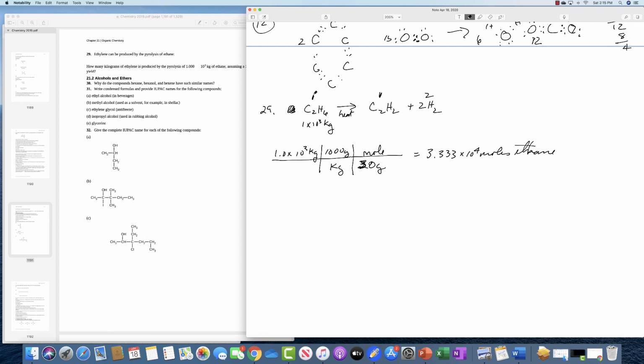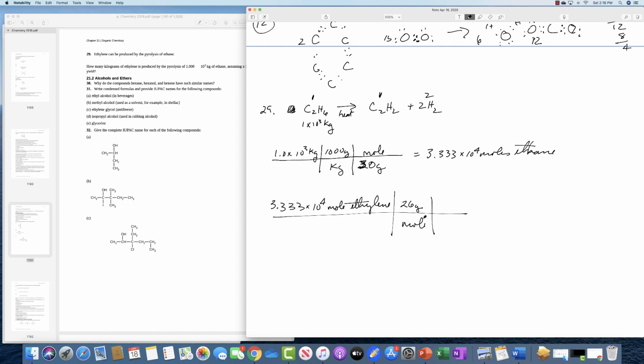And for every mole of ethane, you have a mole of this, so you're going to have 3.333 times 10 to the 4th moles of ethylene. And that ethylene is 24 plus 2 is 26 grams per mole.